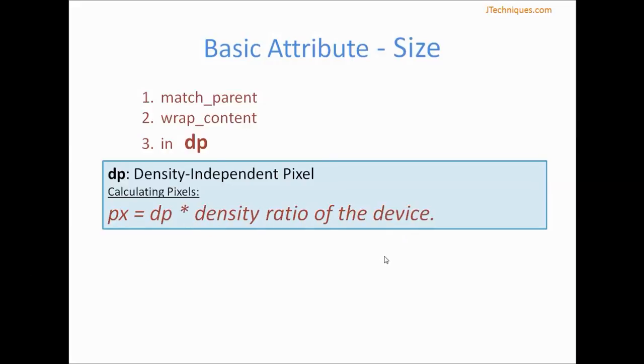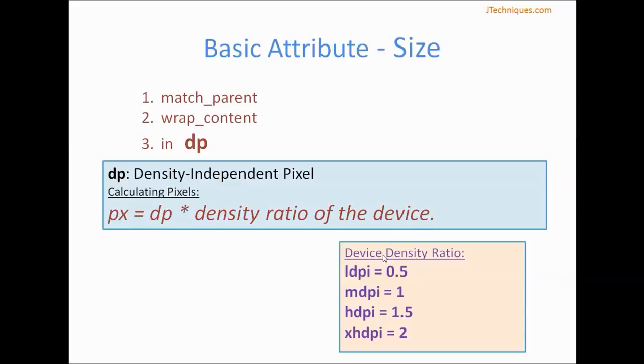Each Android device will have a density ratio. For example, the medium density devices has a ratio 1 and high density HDPI has 1.5 as a ratio and XHDPI is a ratio of 2. Android has specified these ratios on a general basis.